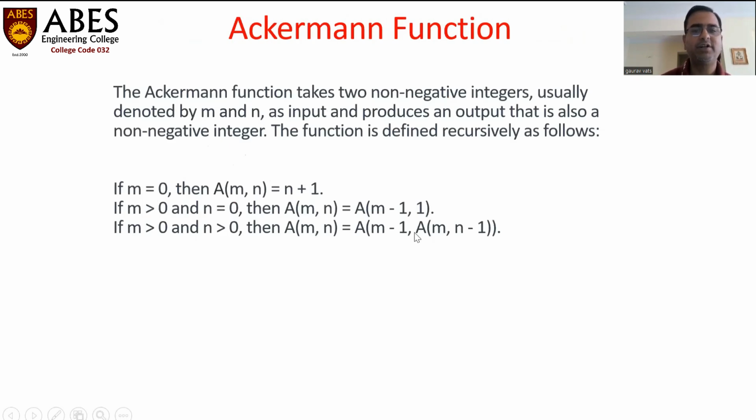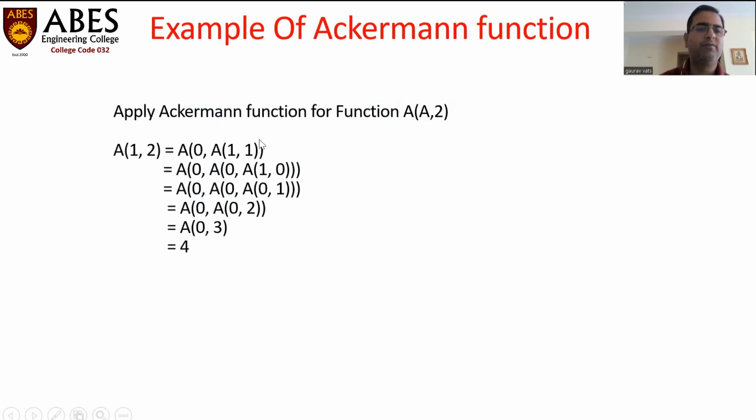Look at this, this is the third condition, A(m minus 1, A(m, n minus 1)). If the value of m is greater than 0 and the value of n is greater than 0, this will give you a result like this. So A(1, 1) is this, and again in the result we have a function, A(1, 0), but this time we have different kind of inputs.